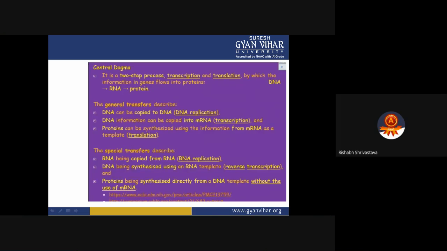And sometimes it also happens, and it is very rare, but it does happen, that proteins can be synthesized directly from a DNA template without the use of mRNA. The two research articles at the bottom contain information on this topic.